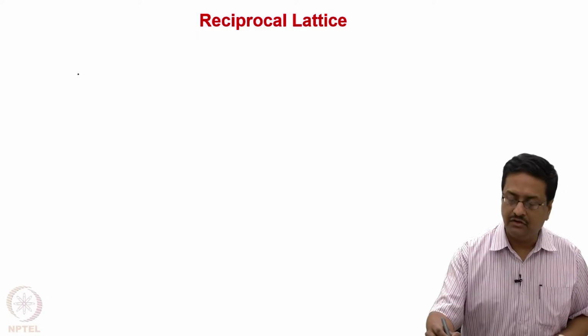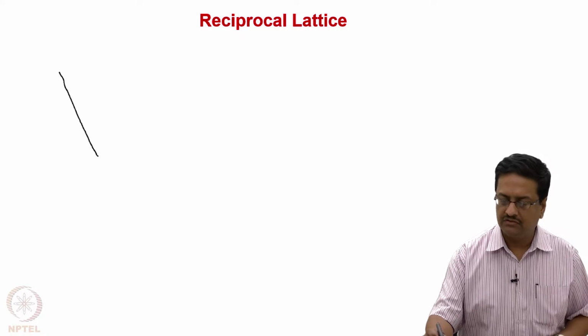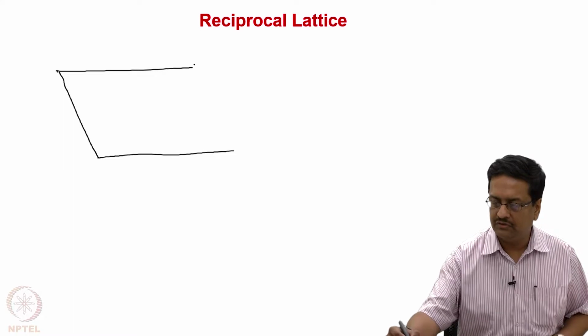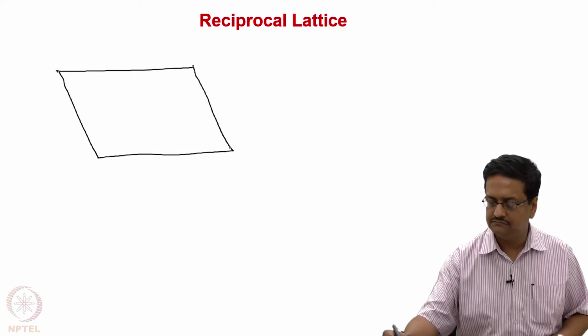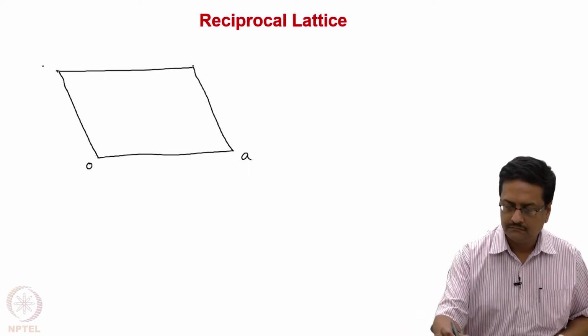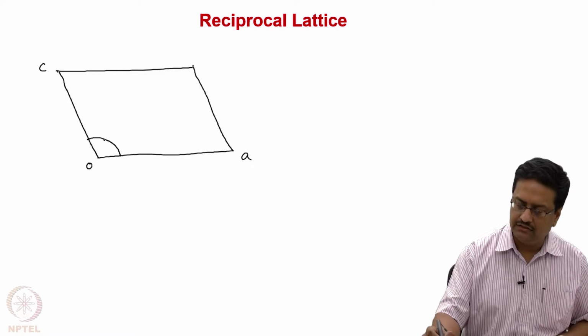As you know, for a monoclinic lattice, the angle between A and C is not 90 degrees and this is called beta. So I am drawing the AC plane of a monoclinic unit cell. So this angle is beta.